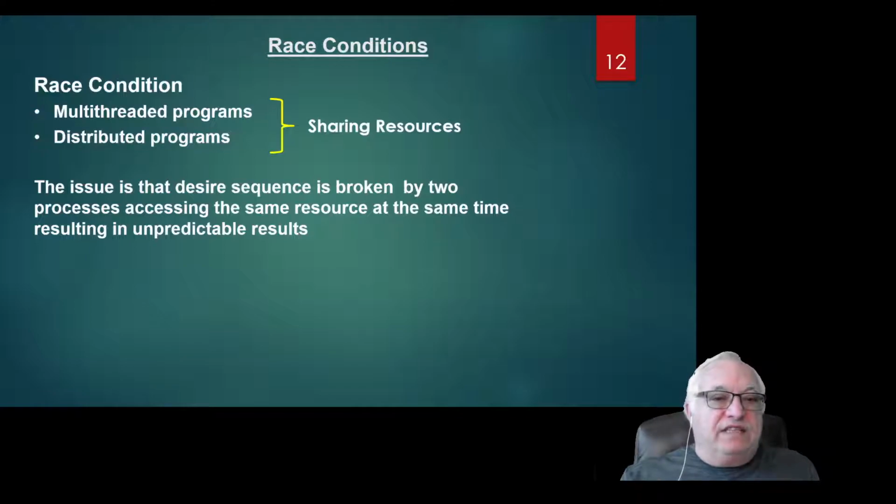Now you have less money in your account, but you don't know it because you got your balance before that transaction. So you go and get some money, assuming that you have a certain amount which you don't, and that's what's called a race condition. The desired sequence was broken, and we had unpredictable results.